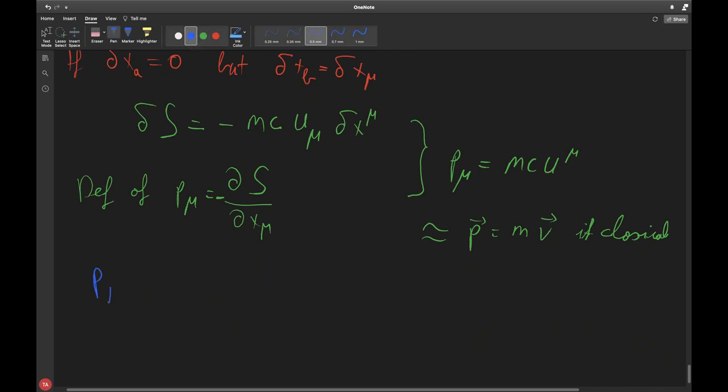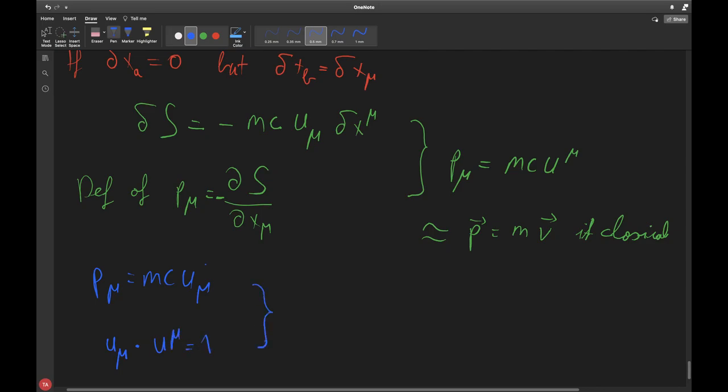We just said that p mu is the same as mc u mu. We remember that u mu was dimensionless, and we proved that by saying that u mu with u mu up was 1.